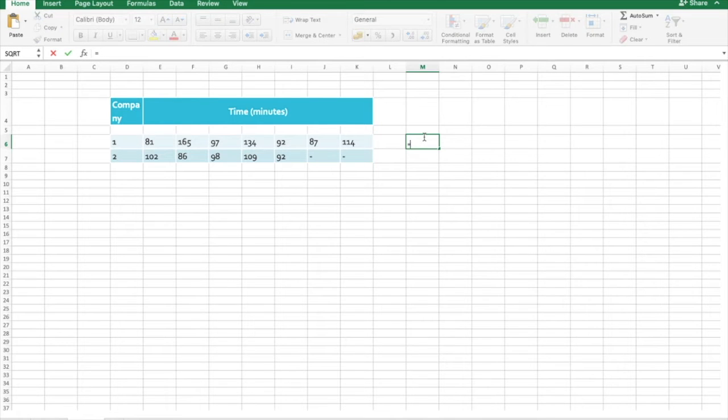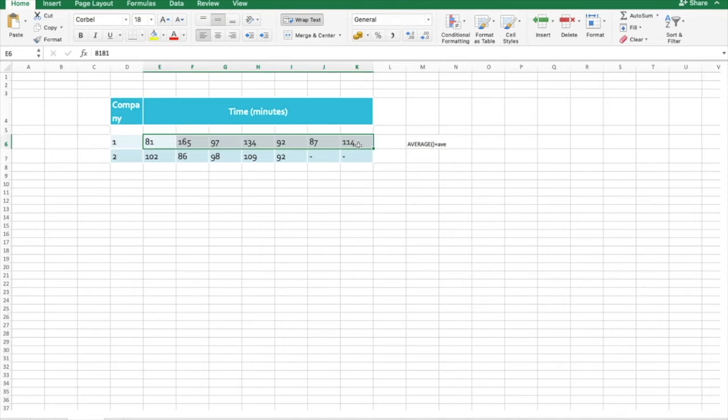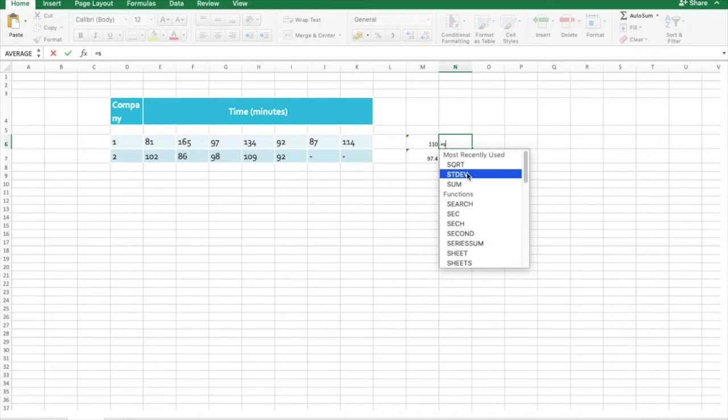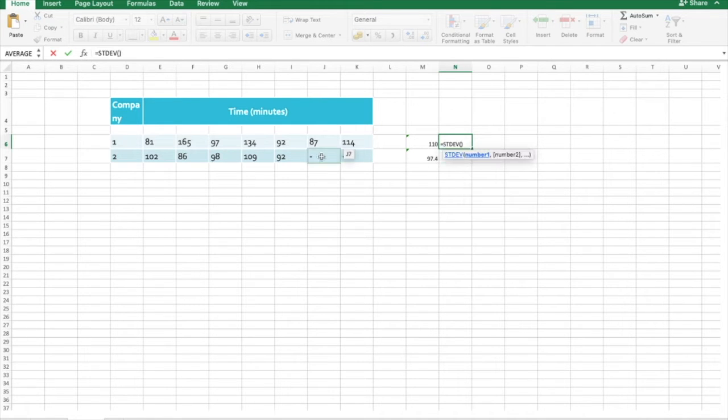Calculate the average: the average of these five values. Then we will calculate the standard deviation of these values.